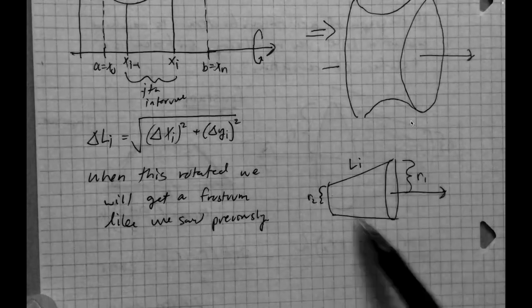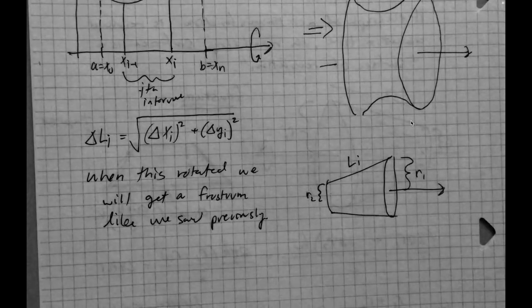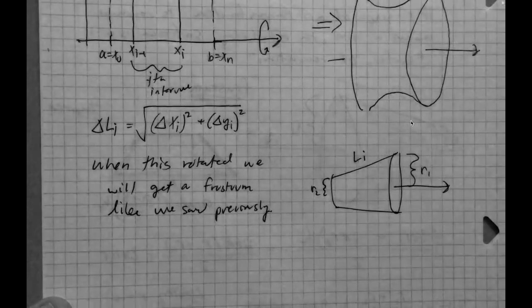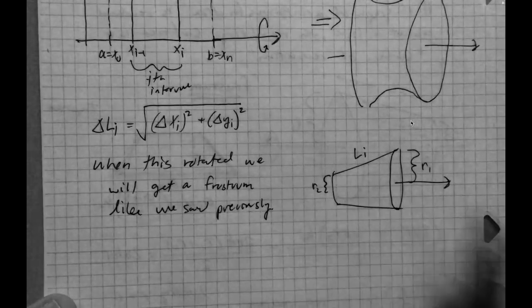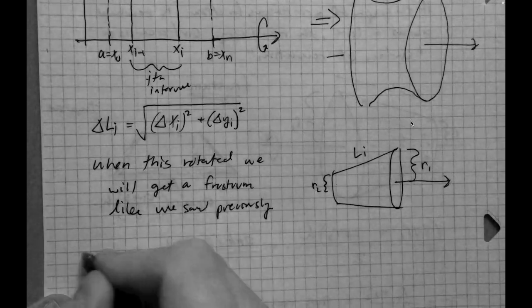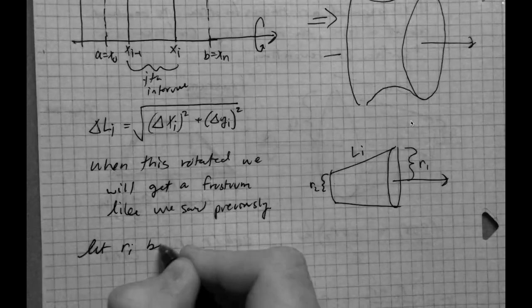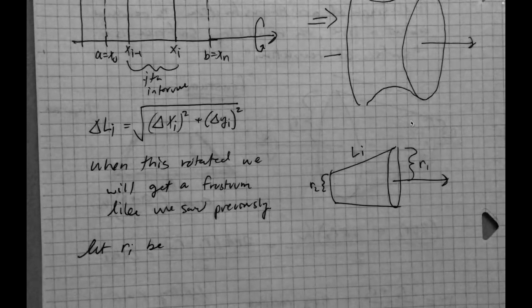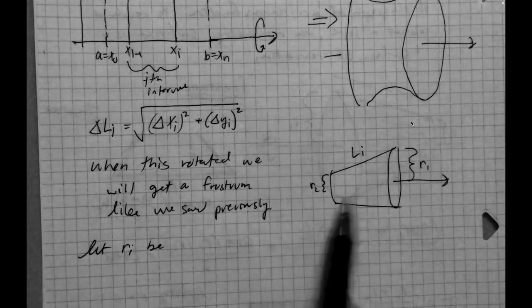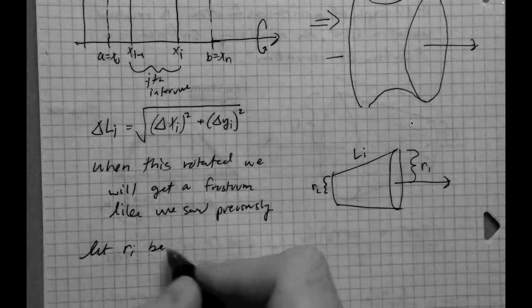And this is going to be a straight line. Okay, so in our previous example, we saw how instead of R1 and R2, we're just going to have an R. So we'll let Ri be the average radius of this frustum.